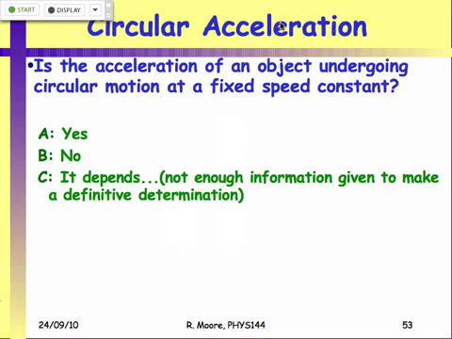if I can get the paper out. So we've got our object going round in a circle, right? So here's our object merrily going around. So when we're at this point here, what direction is the acceleration?